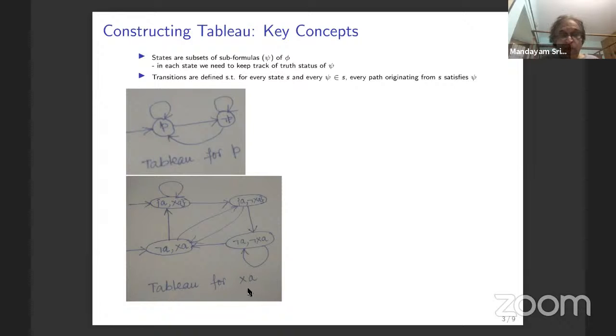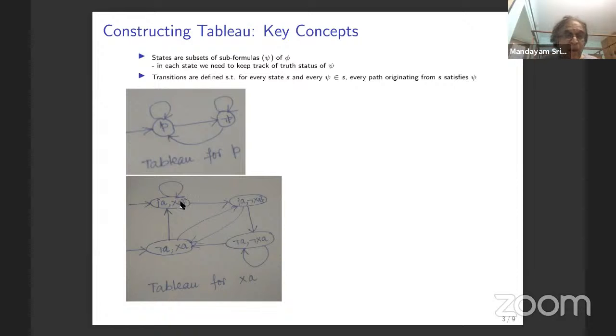Now here's a tableau for XA. And so for XA, the subformulas are XA and A. And as I said, we will also consider the negated ones. We keep track of the truth value for the negated version.